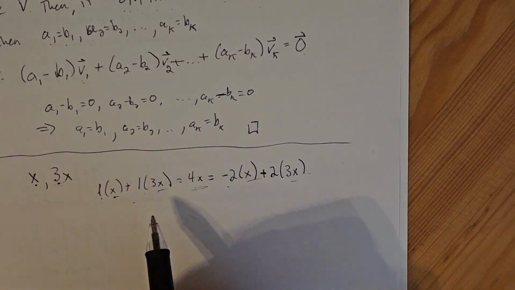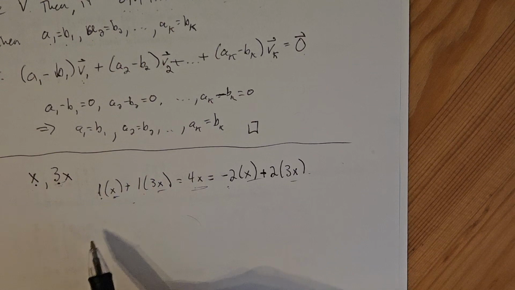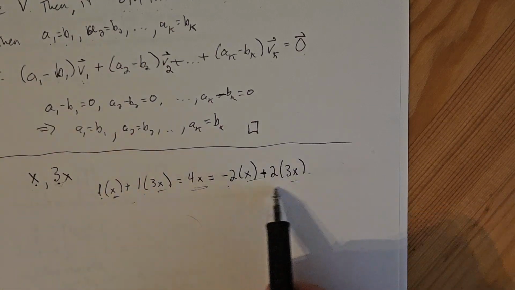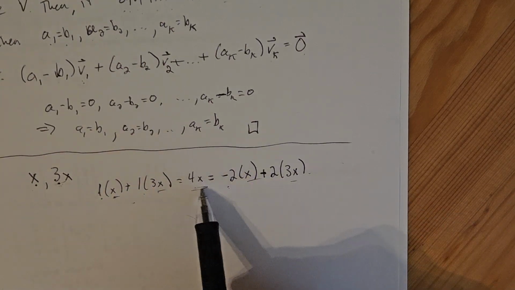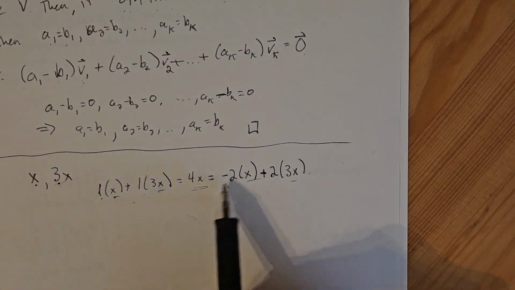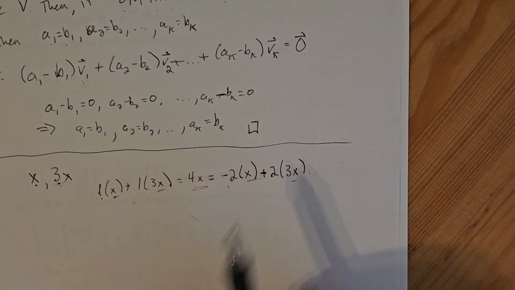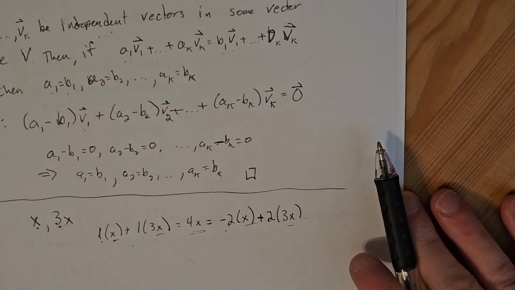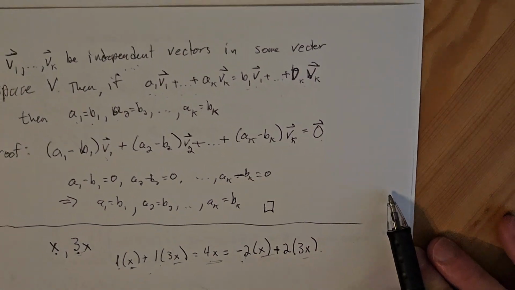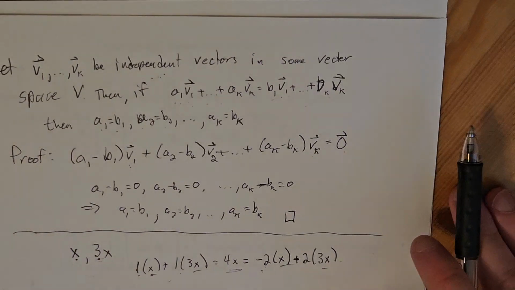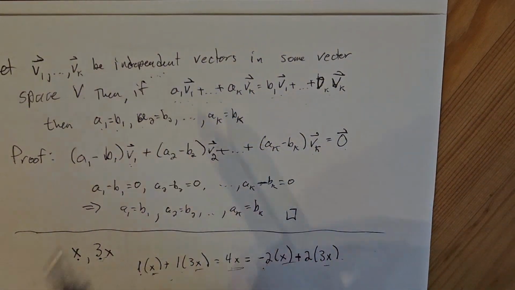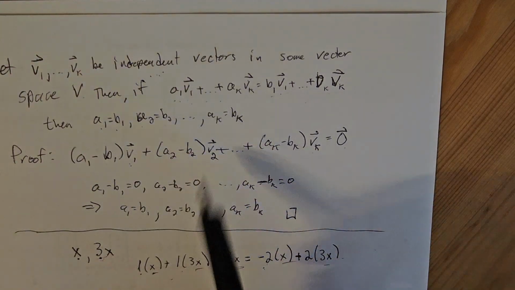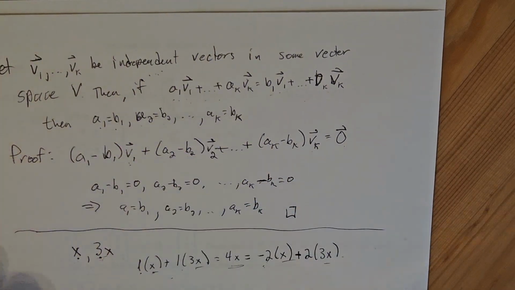So here we wrote out a linear combination of the two vectors, and here we wrote a different linear combination of the two vectors, and those were equal, right? a1 is not equal to b1, and a2 is not equal to b2. However, as this proof just showed, in the case that our vectors are a linearly independent set, then this is guaranteed that a1 is equal to b1 and so on.